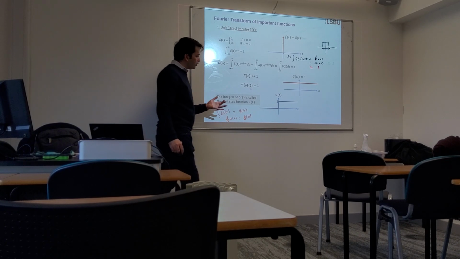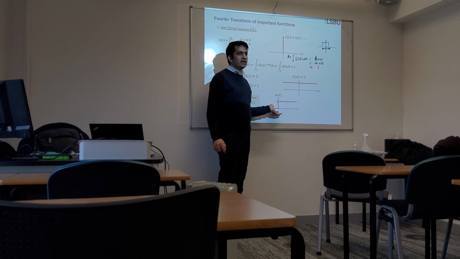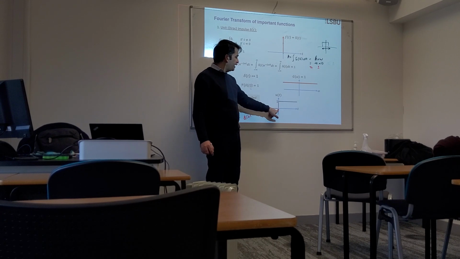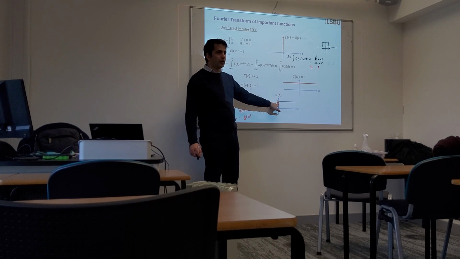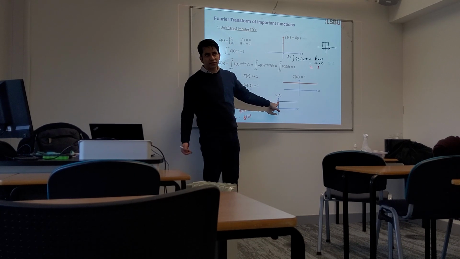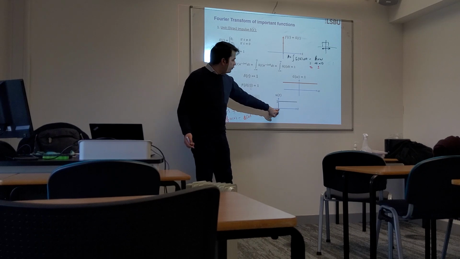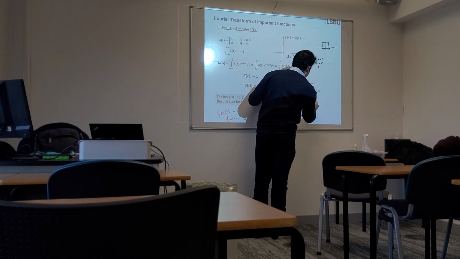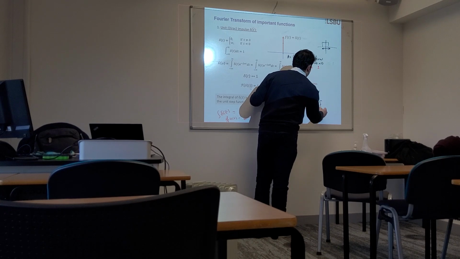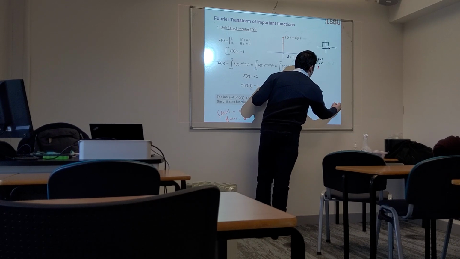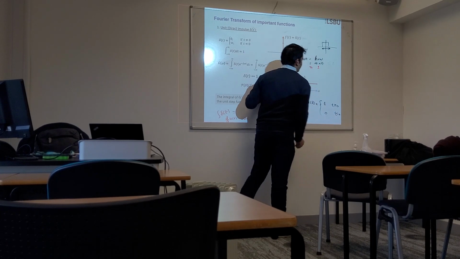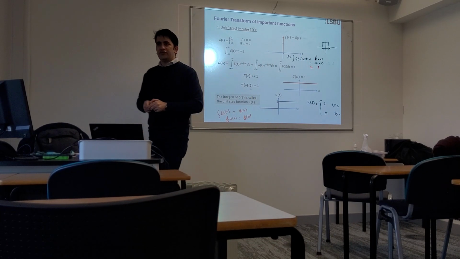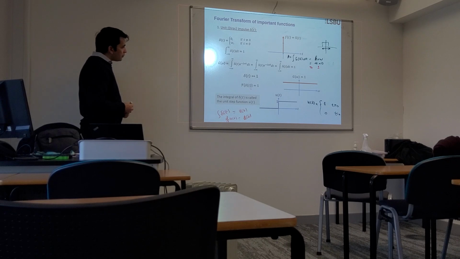Before going into detail, a unit step function is defined as, for t greater than 0, it has a value 1, or something, it can be 2 or anything. For t less than 0, it equals 0. So if I define the unit step function, it would be u of t equals 1 for t greater than or equal to 0 and 0 for t less than 0. So we define the unit step function in this way.